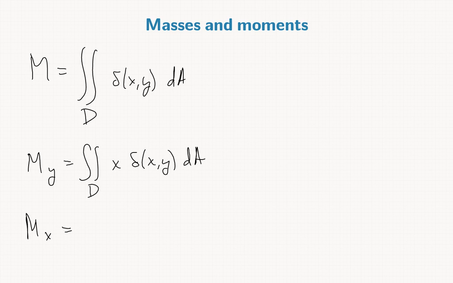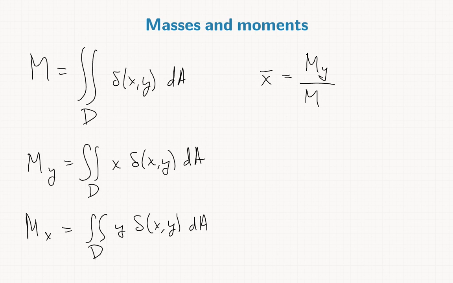The moment with respect to the x-axis is the integral of y delta(x,y) dA. And then the center of mass will be x bar is m_y over m, and y bar is m_x over m.